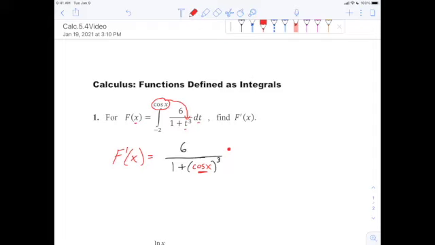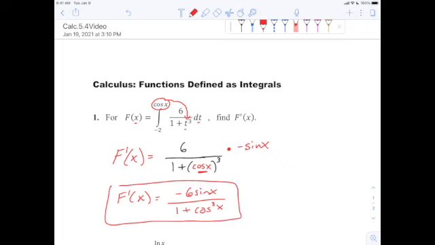So the derivative of cosine is negative sine of x, and this is because of the chain rule. And so, to clean that up, our derivative is -6 sine of x over 1 plus cosine cubed of x. And that's done.